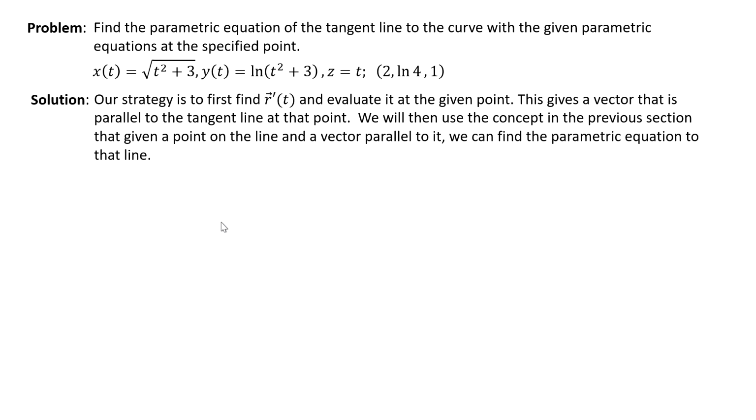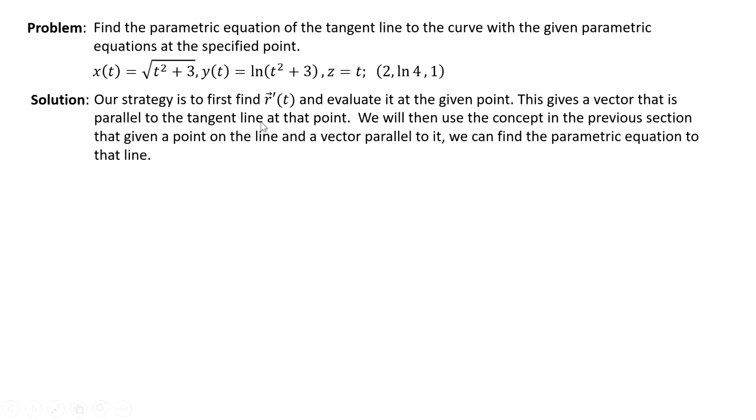Right? The tangent vector is in fact tangential to the curve at that point, and the tangent vector is related to r prime of t. The unit tangent vector is r prime of t divided by the magnitude of r prime of t. Yes, so we do need to do that. This gives a vector that is parallel to the tangent line at that point. Stop there.